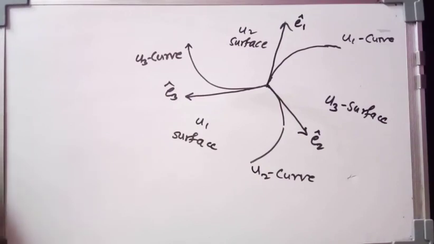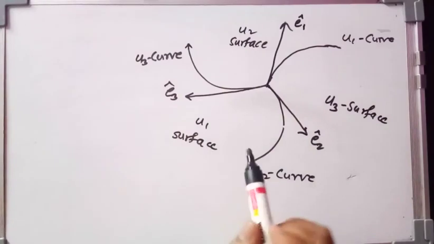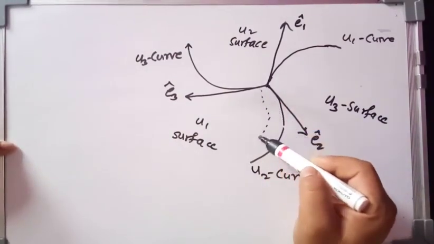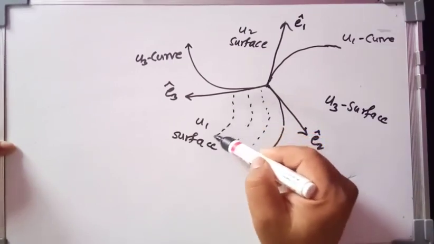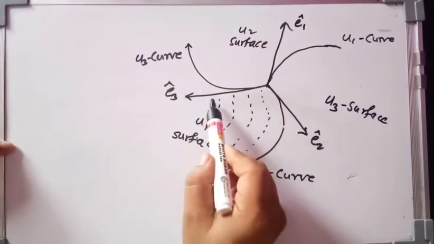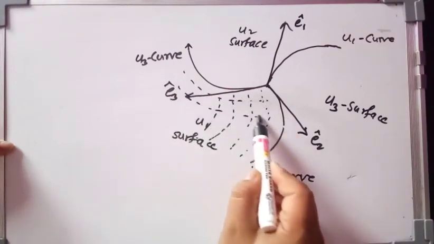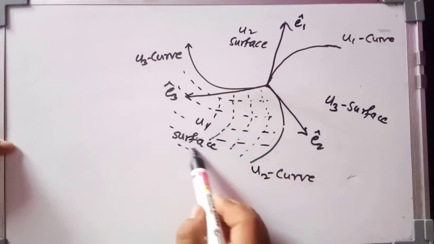The surface on which u1 is constant is known as u1 surface. Now this is u1 surface. For this surface u1 is constant. I can draw this surface.